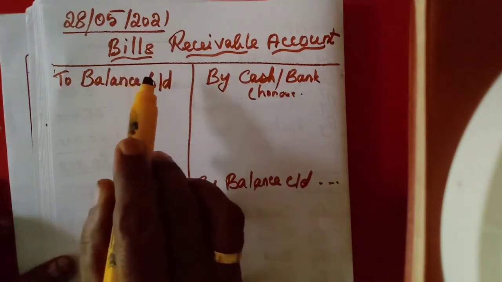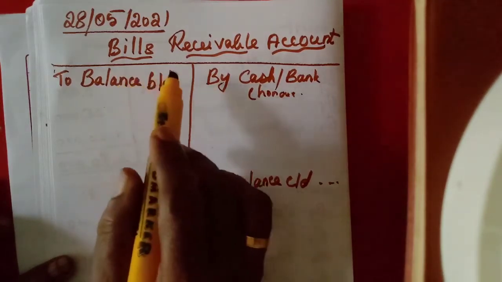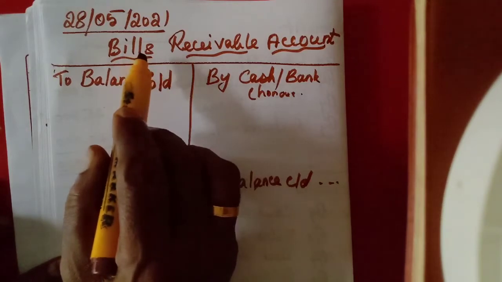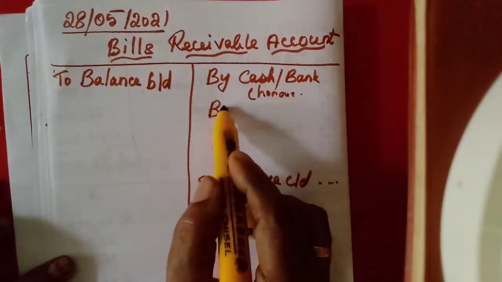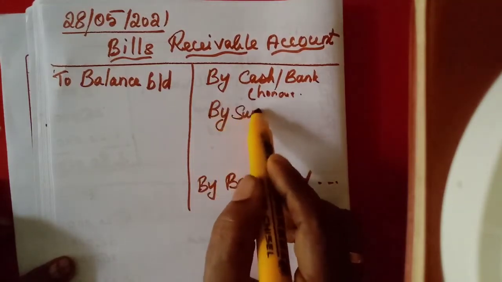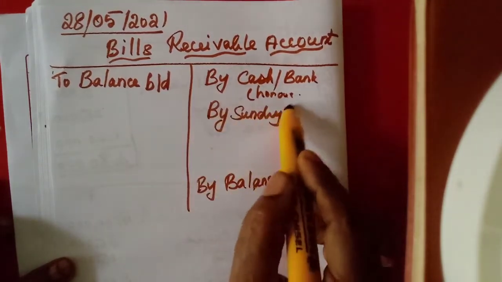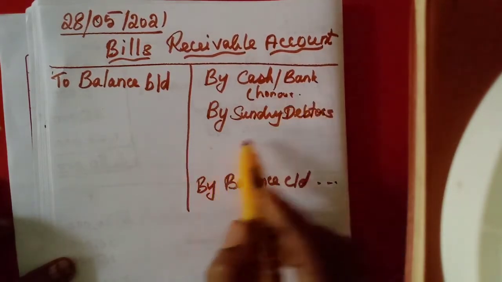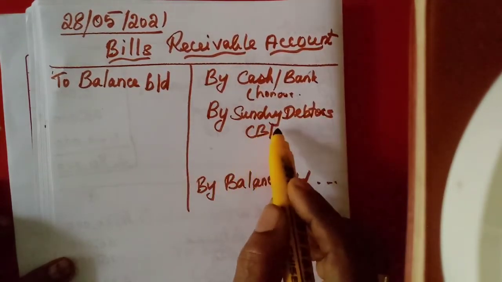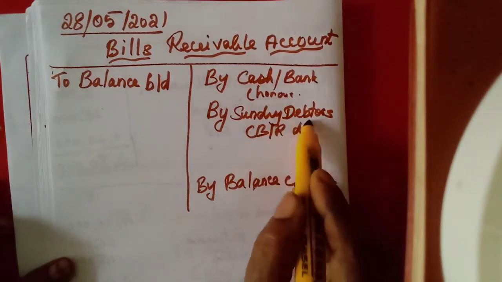That means they become debtors again. So sundry debtors account debtor to bills receivable. So in this account we should write by sundry debtors account. This one is bills receivable dishonor.